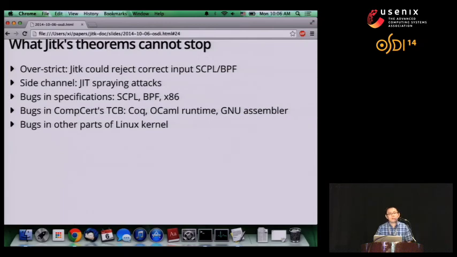Yeah, I think that's a great question. So the question was, the OCaml runtime itself is not that small, so how do we know this part is correct? I think this is basically the same as when you use any theorem proving techniques. You would have this problem because you are running a prover, which is built on top of the OCaml runtime, which is compiled by GCC, which is running on a stock Linux kernel.